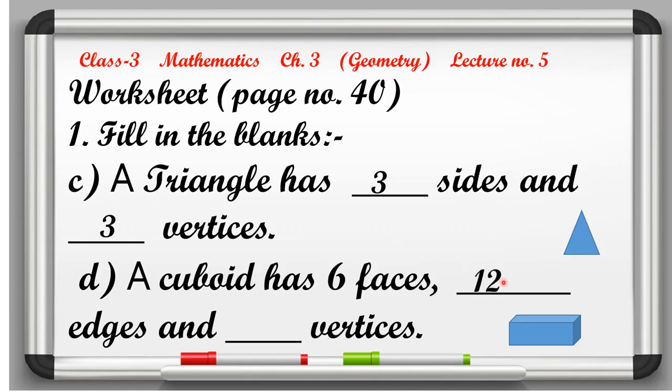So here we will write 12 edges. And how many vertices? That are 8 vertices. 4 from the bottom and 4 from the top. 4 corners of the top part and 4 corners of the bottom part. So how many? 4 + 4, 8 vertices.